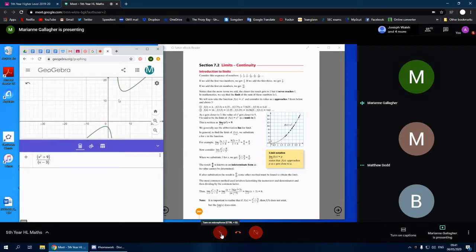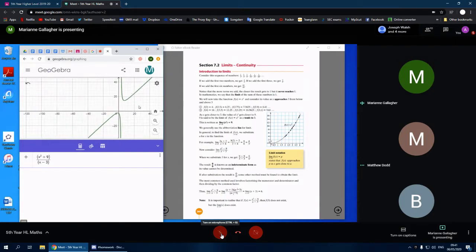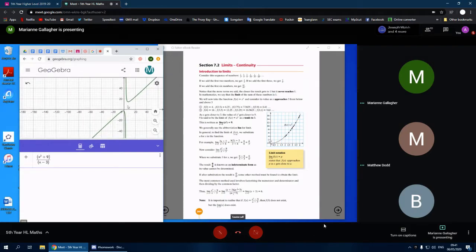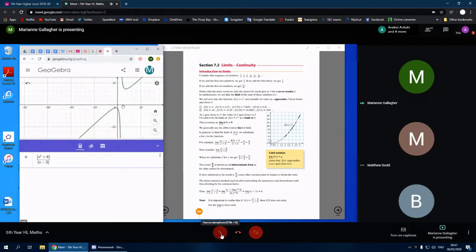There's a big gap. The graph is in 2 sections. Can you see that? Everybody see the graph there? As you're moving along, you're down in the bottom quadrant, you're getting bigger and bigger. Once you go positive, it starts to decrease. And then at x equal to 3, there's a big jump.